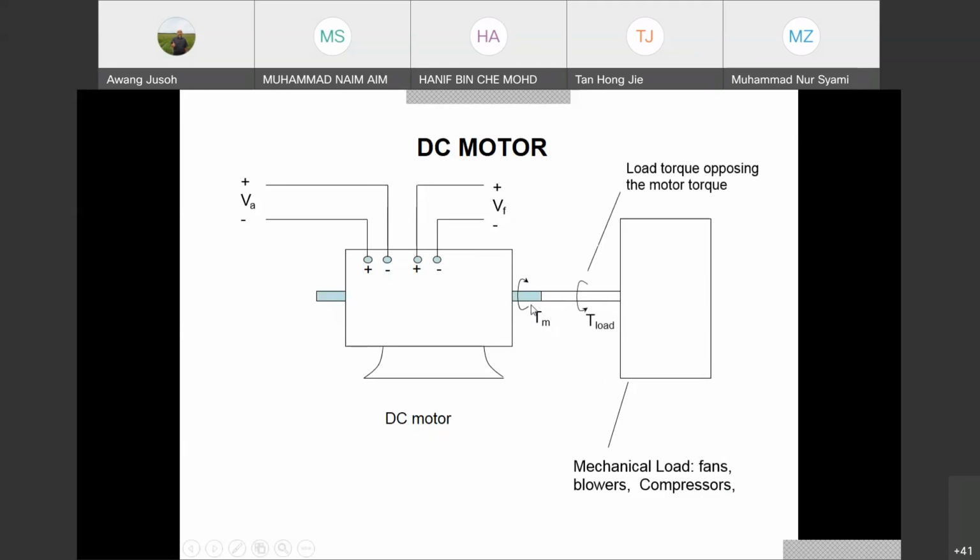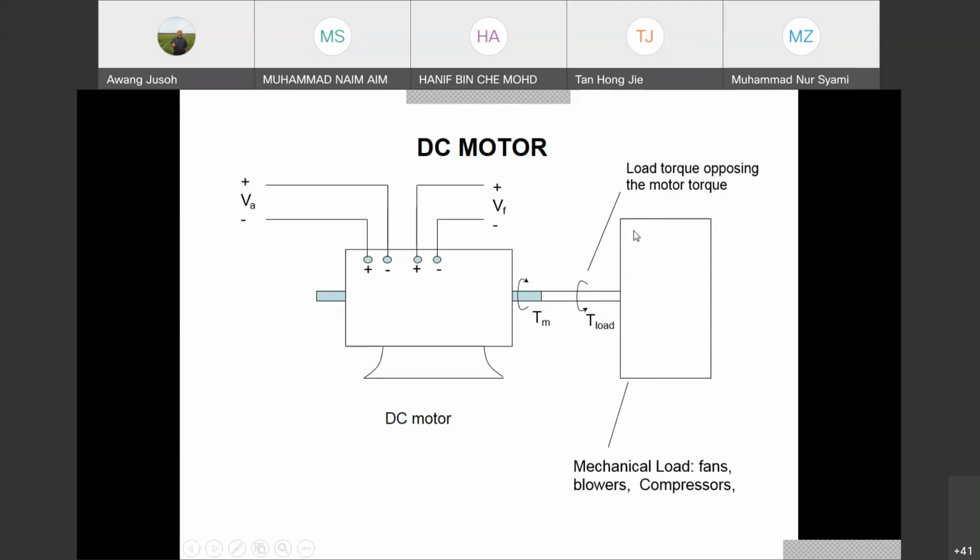When the motor creates its own torque and tries to rotate, the load produces its own torque, which we call the load torque, T load. The T load always opposes the motor torque. The load torque depends on the mechanical load.